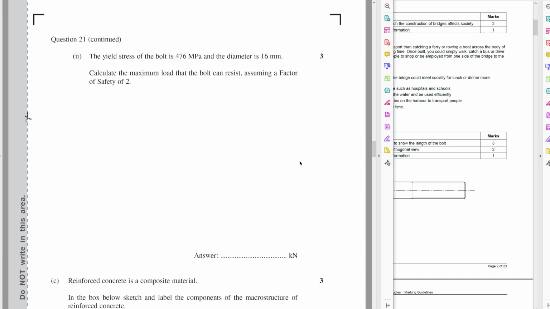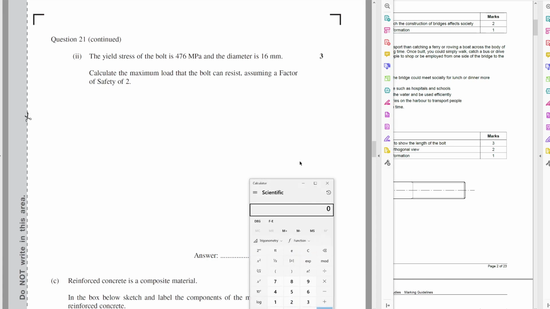So we're going to say the area. Now, to calculate the area, pi d squared on 4. Sorry, I just had a blank. I was thinking about something else. Okay, so it's a hard one not running on the board.